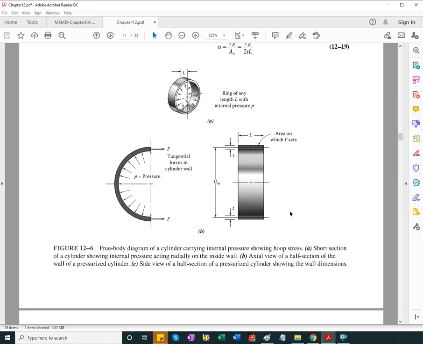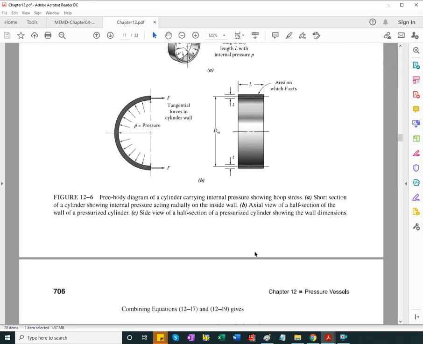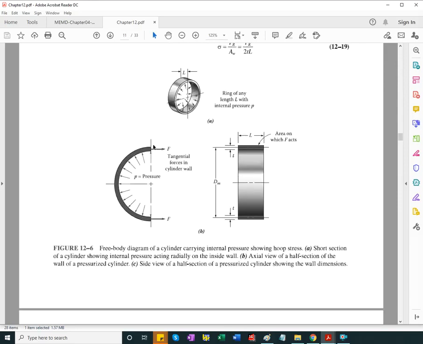That's a different story, but it's important. With the same amount of material used to fabricate a cylindrical tank or a spherical tank, the spherical tank will take more volume, and the maximum stress will be only half for the equivalent. And we need to recognize here that we are assuming the same diameter.